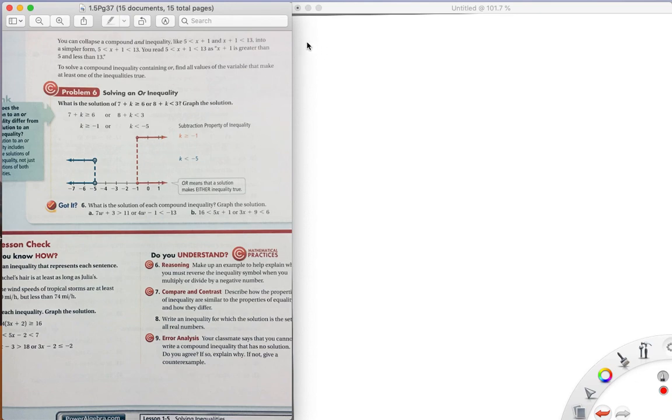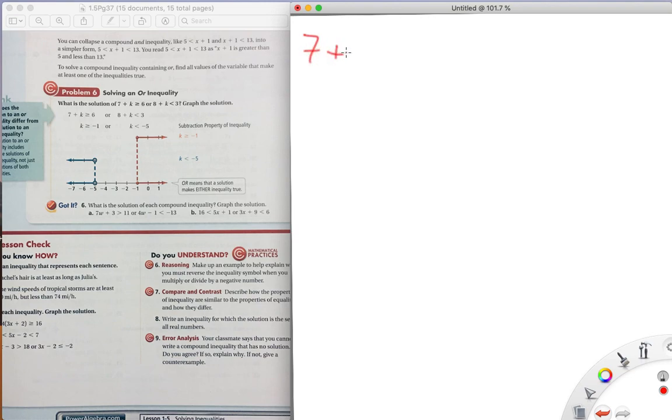The book gives me 7 plus k is greater than or equal to 6, or 8 plus k is less than 3.